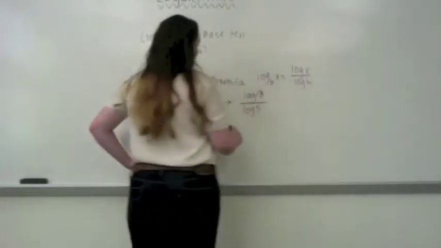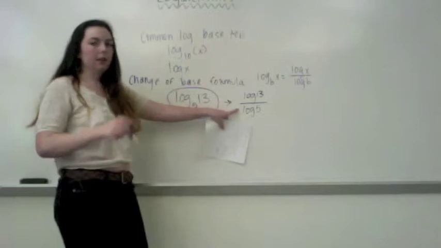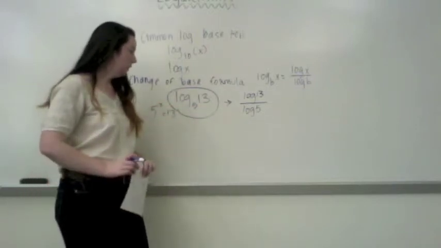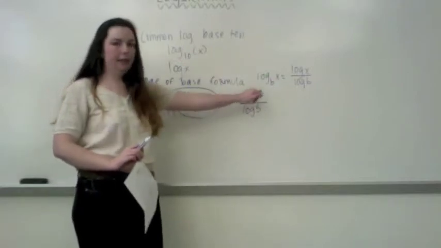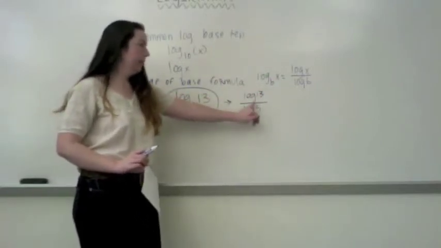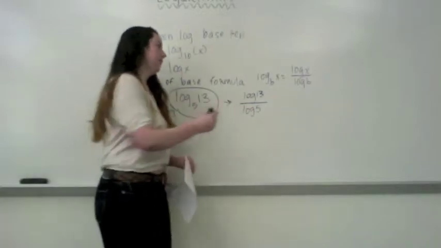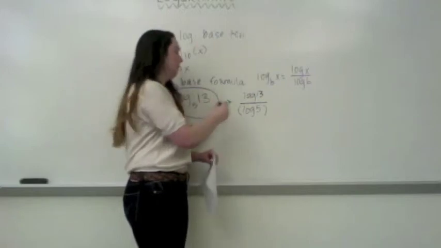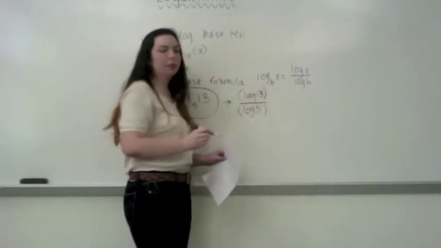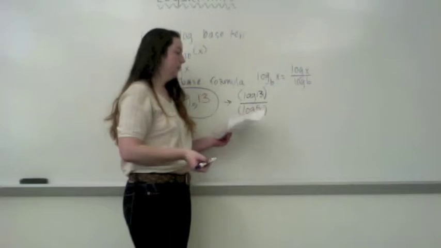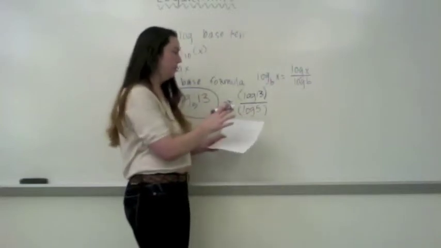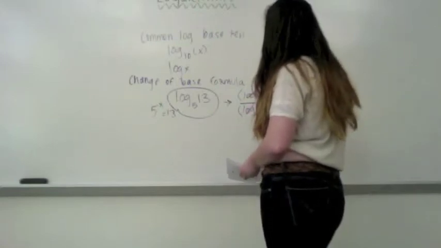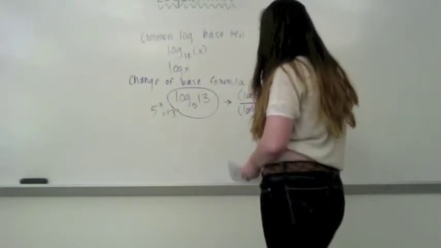And notice that in this new form, this is log base 10 of 13 and log base 10 of 5. And we treat these as definite quantities, not expressions. They can't be taken out, so these can't cancel and be 13 over 5.